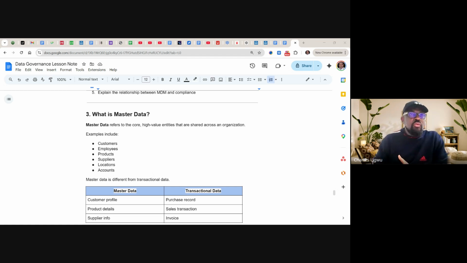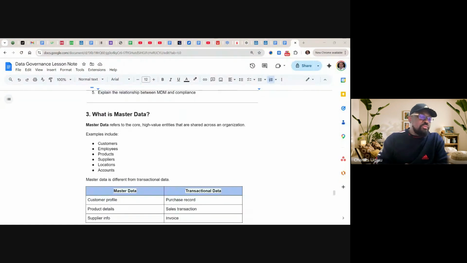They have those who supply their services or products. Every organization has locations where they are operating from, and various accounts, whether customer accounts, employee accounts, vendor accounts, or supplier accounts. These are why we call it an entity.